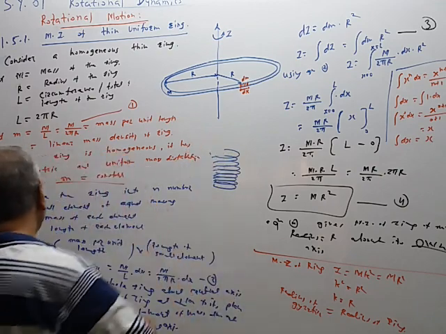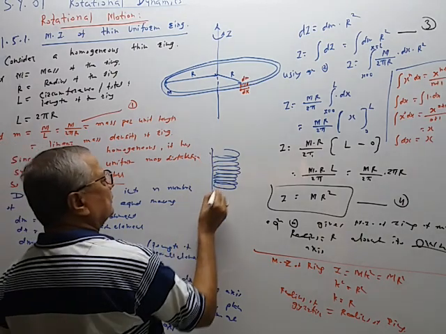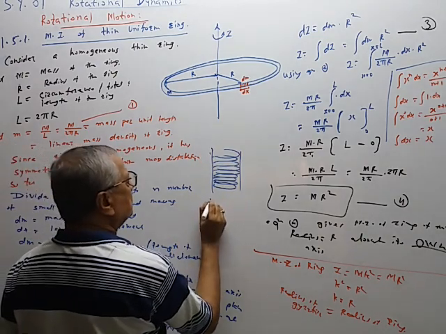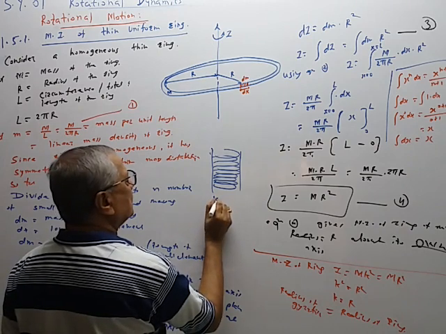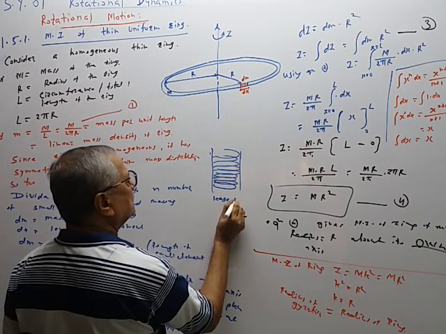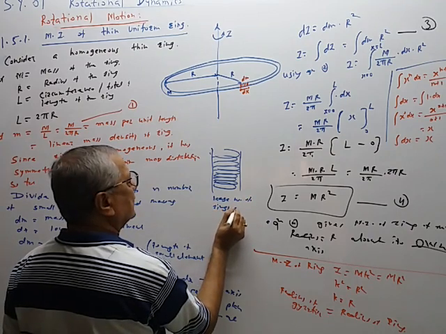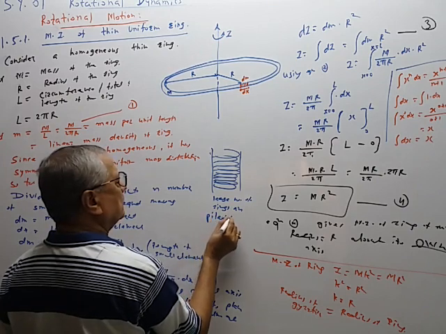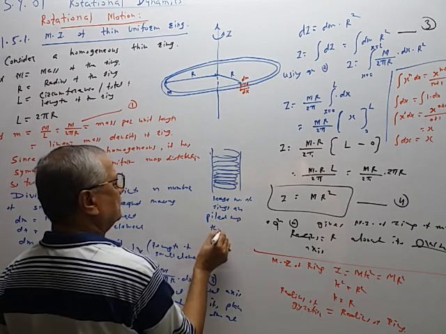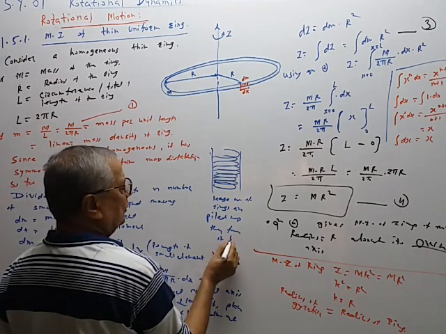So if a number of rings are put one above the other, piling, so when n rings are piled, when a large number of rings are piled up, they form a hollow cylinder.